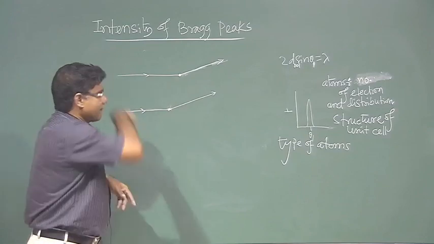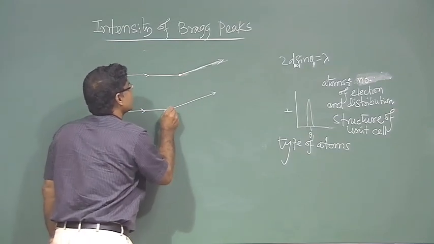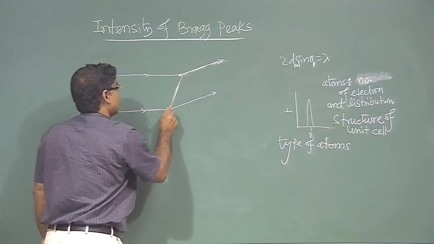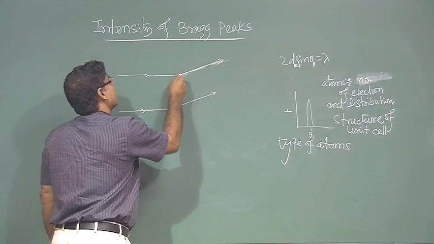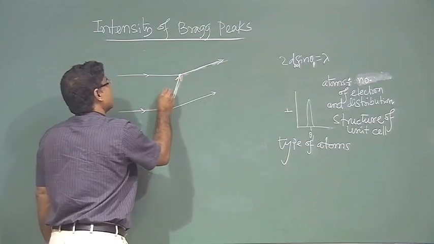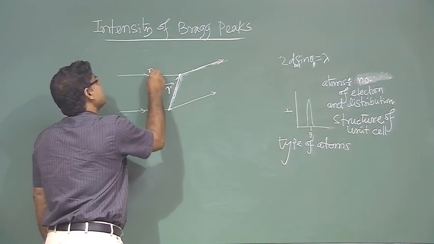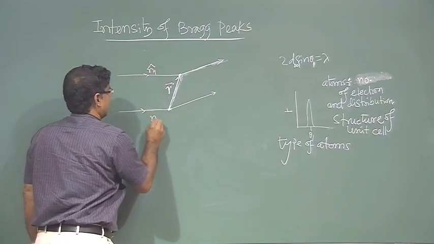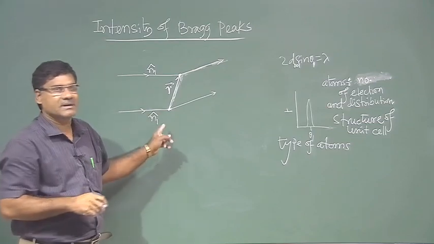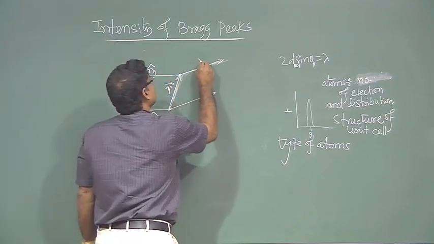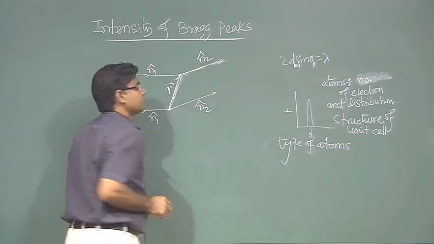So, in this case, if the distance between these two scatterers is r, and this is the incident direction unit vector n1 and this is n2, okay.